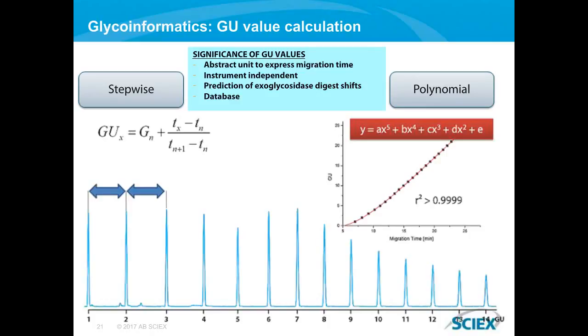However, the significance of the glucose values is that it's an abstract unit to express the migration time. It's a normalized migration time in that extent, and it's instrument independent. It predicts even exoglycosidase digest chips, and the databases can be used to retrieve the information.